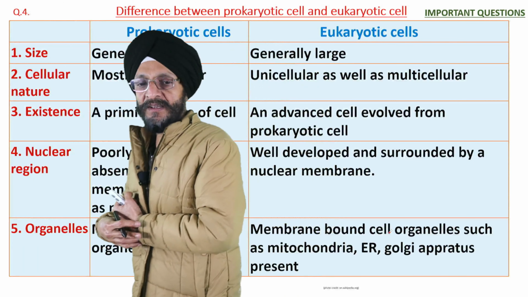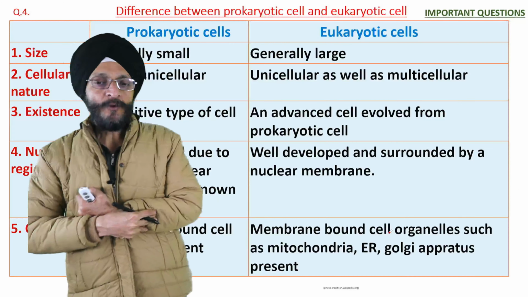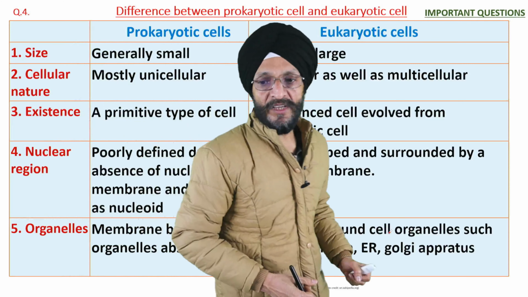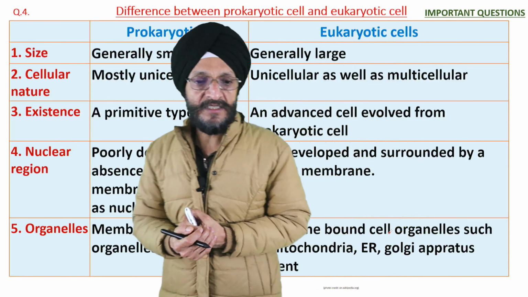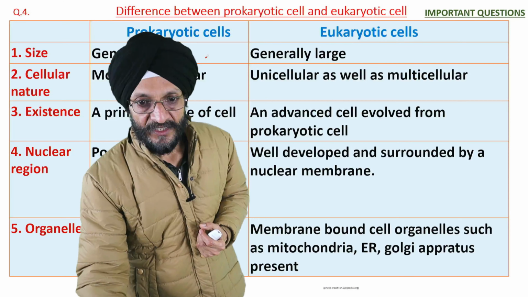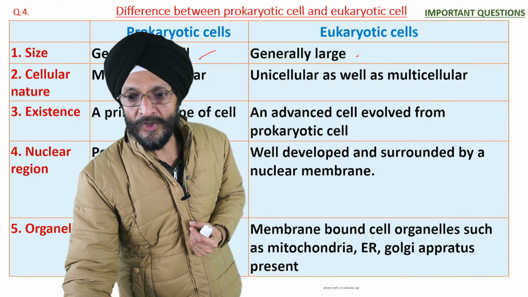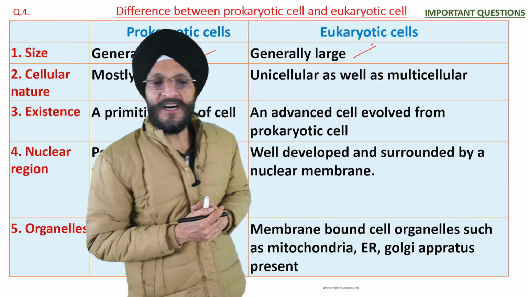Now we will find out the difference between prokaryotic and eukaryotic cells. In the case of prokaryotic cells, the size is generally small, whereas eukaryotic cells are generally large in size.